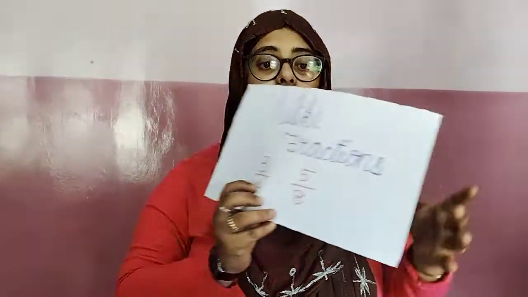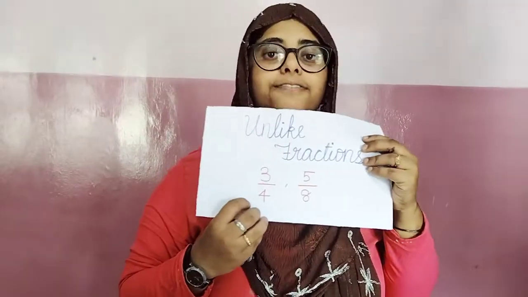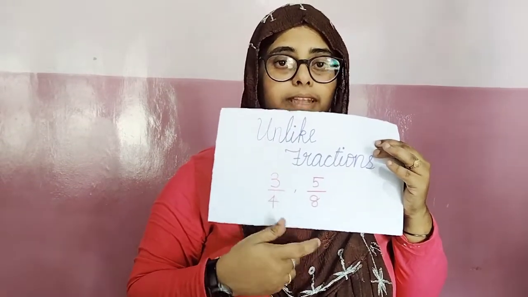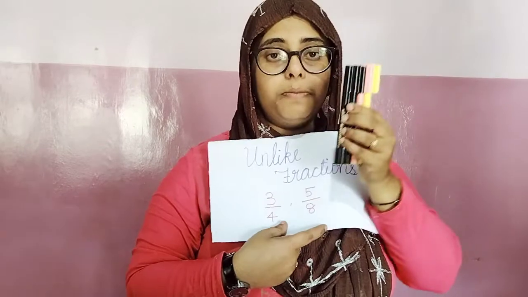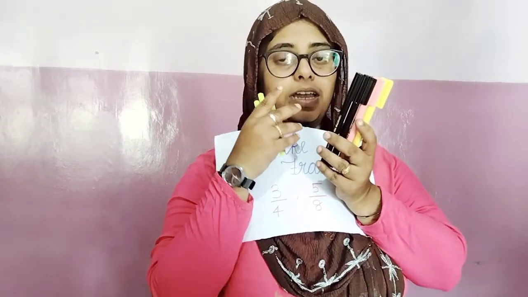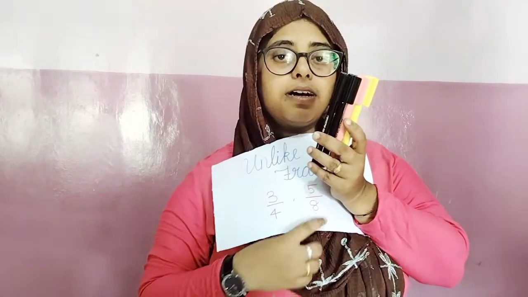Let us consider unlike fractions. As I told you with the example of sketches, we'll go back to this example. We have totally 7 parts. How many long sketches are there? It is 4 by 7. Now consider another fraction.